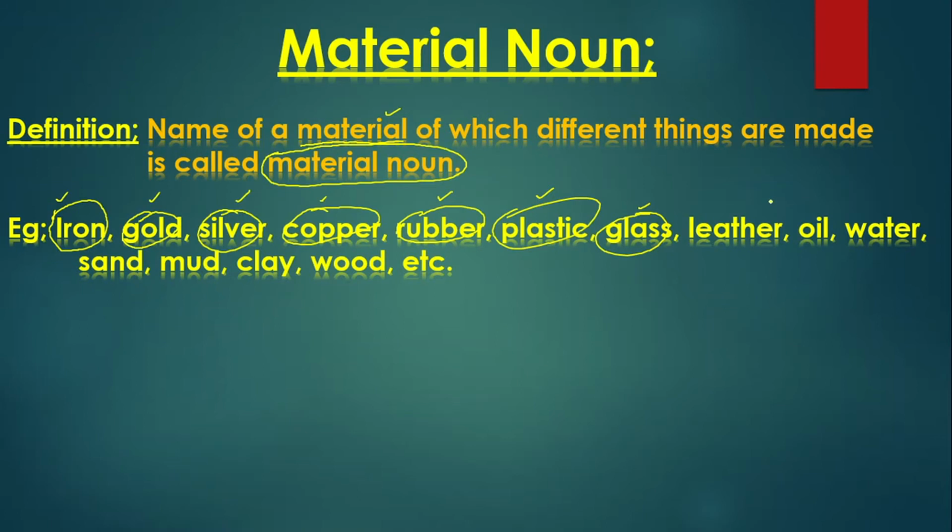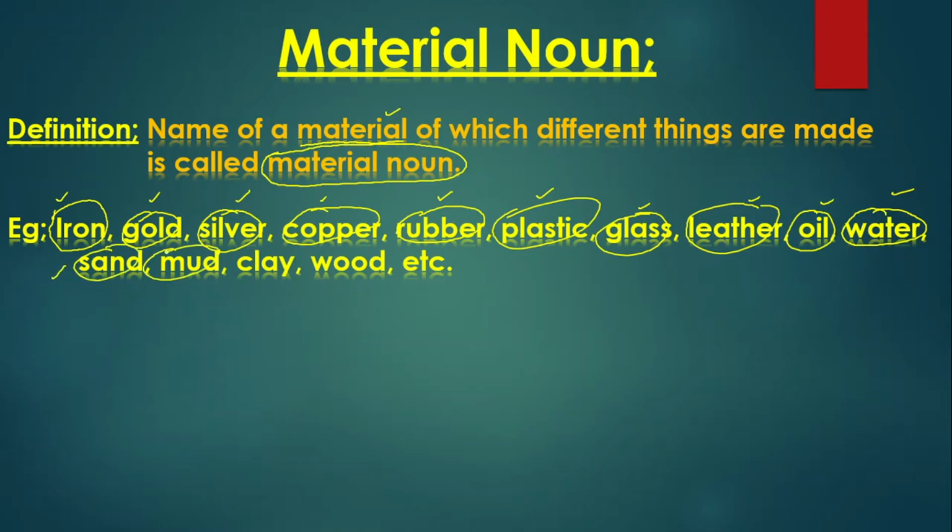After that, with the help of leather, you make the jackets, you make the shoes, and many things more, to keep yourself warm. In the same way, with the help of oil you make different foods. It is also a material. Water is the best material in the world, and with the help of water you make a lot of things. Sand, by which you make the buildings.